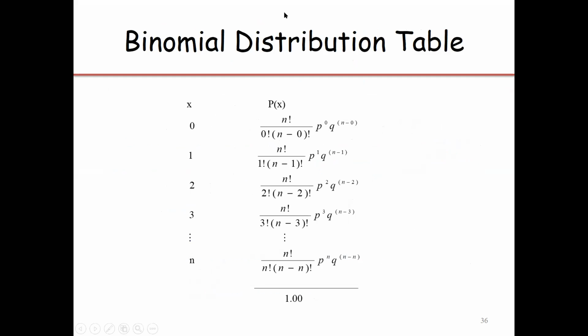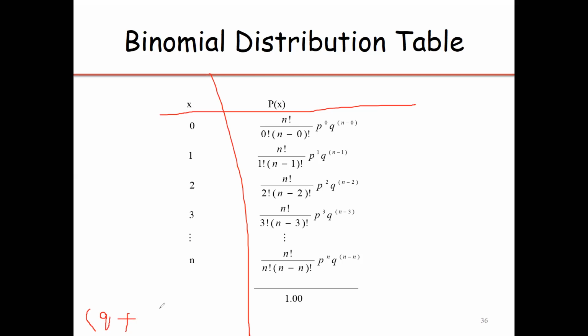This is the tabular form of the distribution. If I make a table, we have the values of x and the probabilities. The sum of the probabilities is 1. If you look at the expression (q plus p) raised to the power n and expand it using the binomial expansion, you will get all these terms.